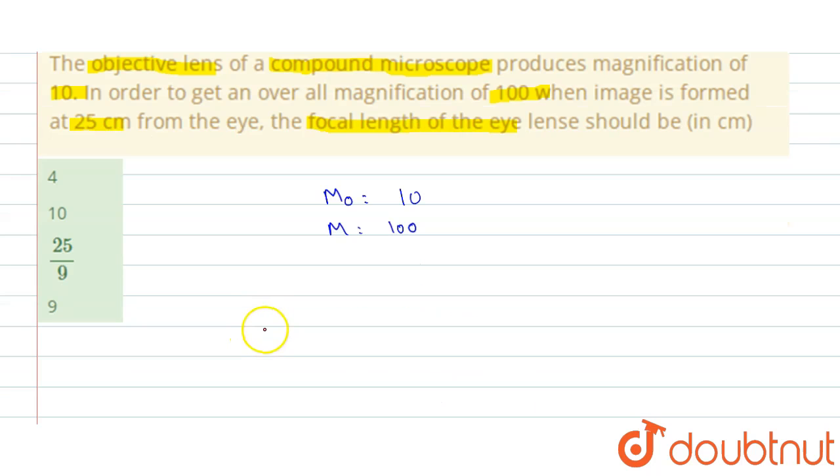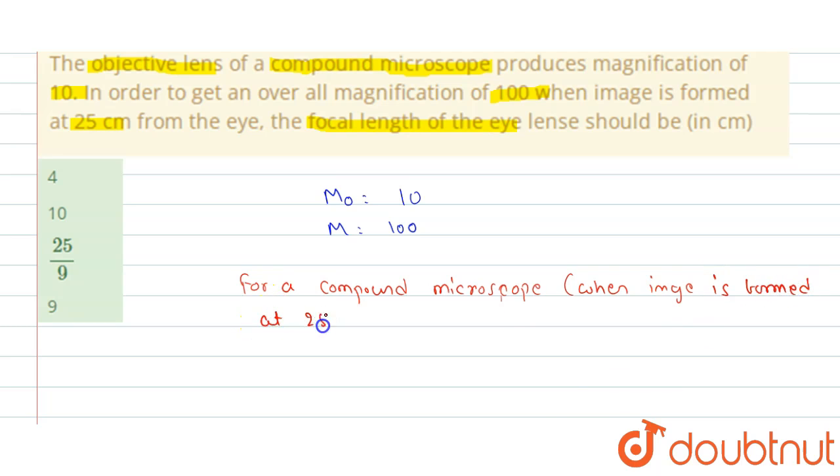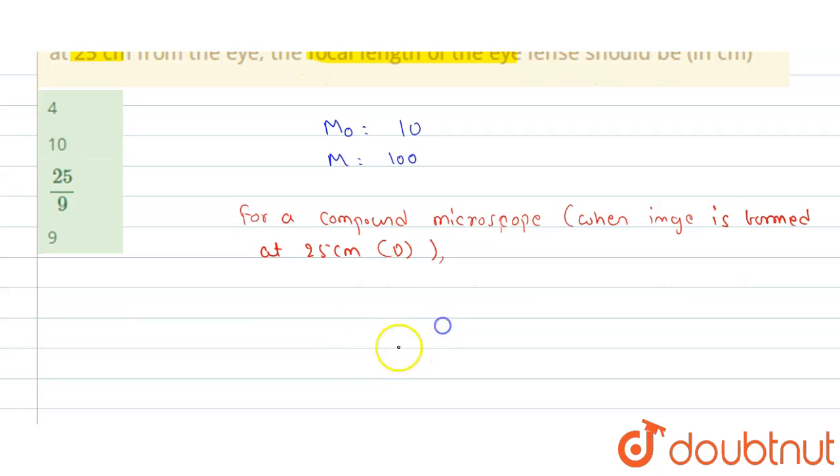Now we know students, for a compound microscope, when image is formed at 25 cm, that is least distance of distinct vision, the magnification M is equal to magnification of objective MO multiplied by 1 plus least distance of distinct vision divided by focal length of the eye lens.